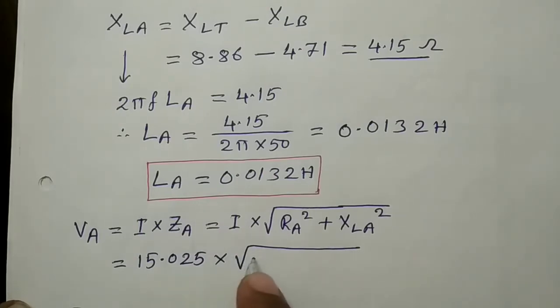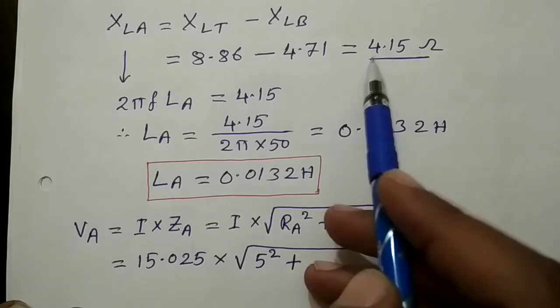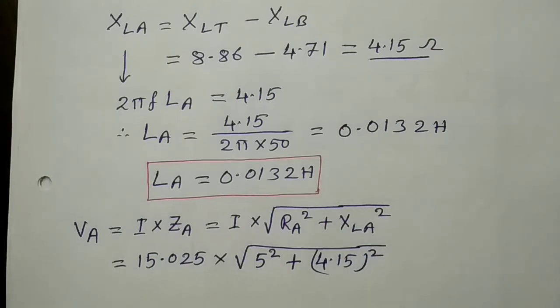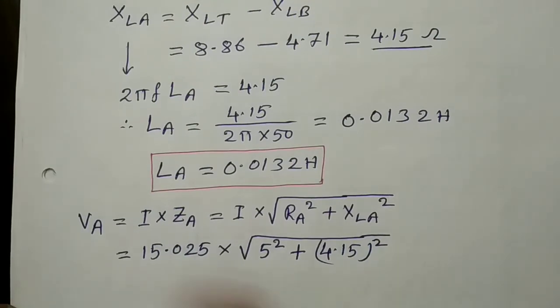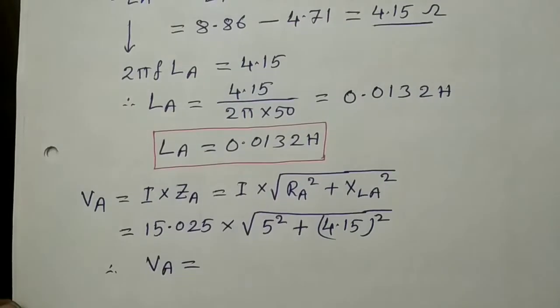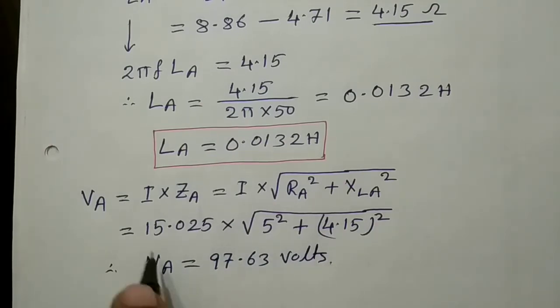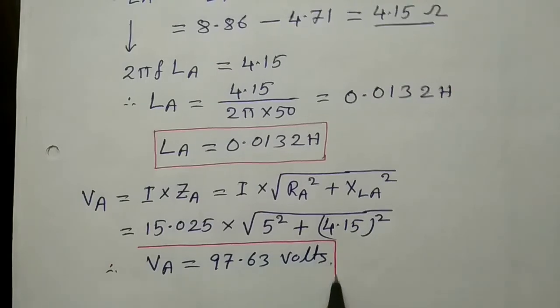The resistance of the coil A is given as 5 and the inductive reactance of the coil A we have calculated, it is 4.15. So 4.15 square. After solving this, we will get the voltage drop across the coil A, VA, and it will be 97.63 volts. So this is the voltage drop across the coil A.